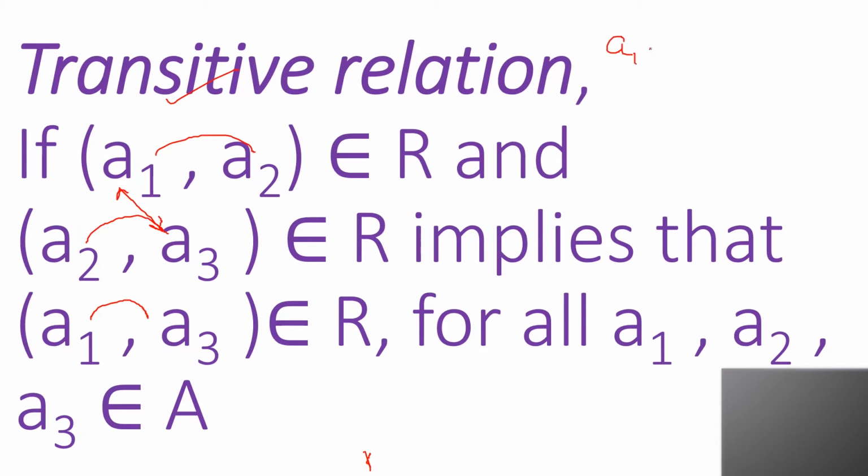If there is no such combination that A1 is related to A2 and A2 is related to someone, then also the relation is transitive. And it should be true for all A1, A2 and A3 belonging to A.